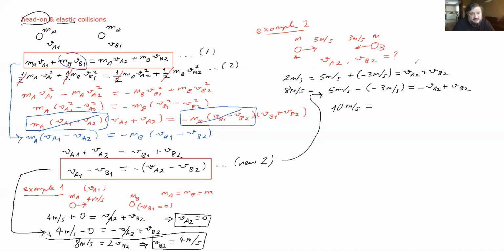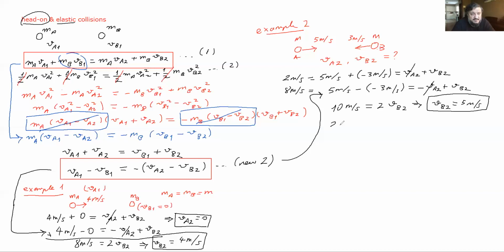On the right-hand side, this will cancel that, and I'll have 2 VB2s. Therefore, VB2 will be equal to 5 meters per second.